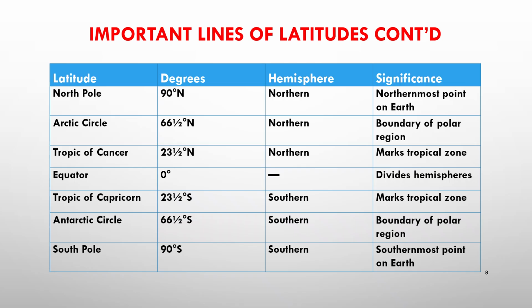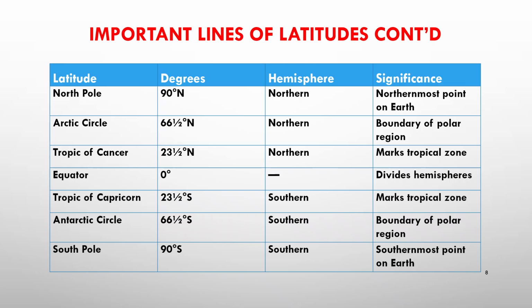The polar regions, that is north of the Arctic Circle and south of the Antarctic Circle, are extremely cold. So when you understand these latitudes, it helps you understand that global climate patterns are different all over the world. As a geographer, you need to understand the climate and its impact on man.